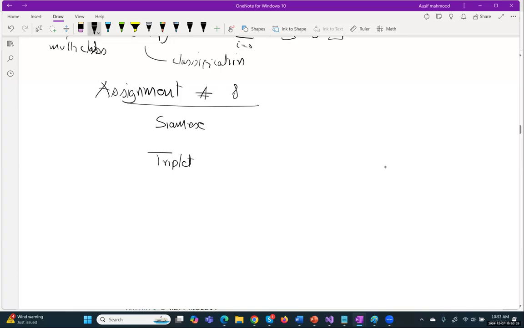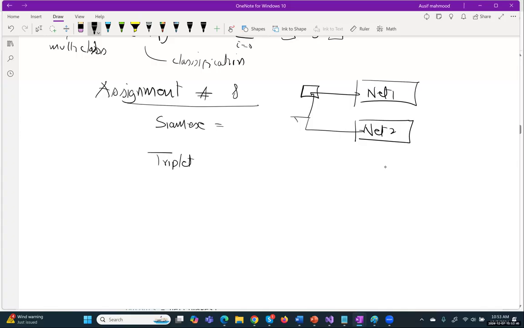triplet networks. Siamese network, as we discussed, has two networks. In reality, it's one network, but conceptually, it is two networks. So what we do is we feed it two different images at the same time.